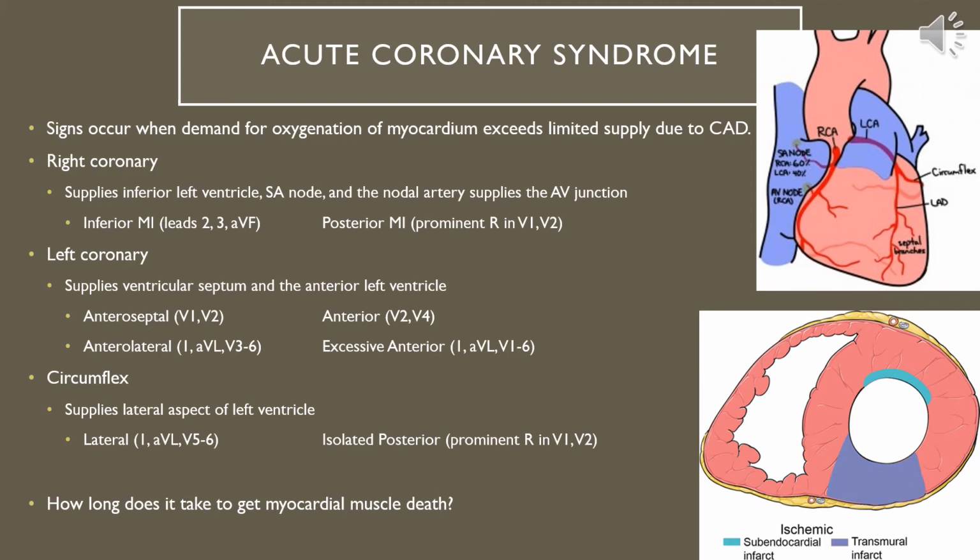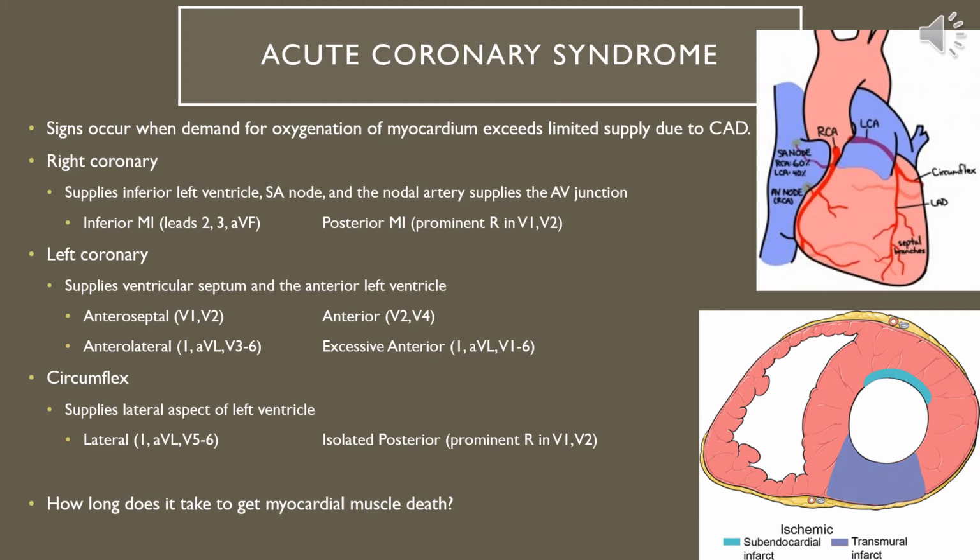Looking at the leads that I have labeled up here, these can be somewhat helpful, knowing which artery supplies which space of the myocardium, and what leads you should expect to see changes on. It's useful because myocardial damage tends to be localized to the portion of the heart supplied by those vessels or branches from the main vessel.